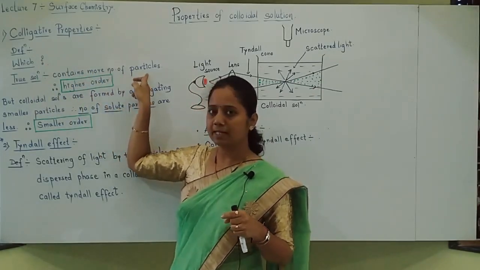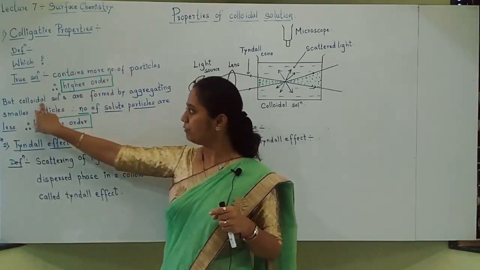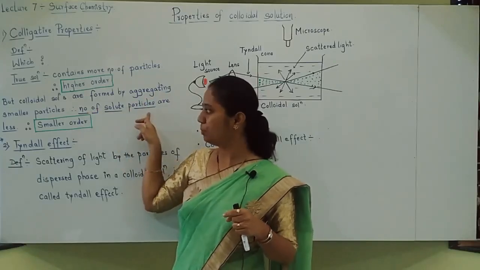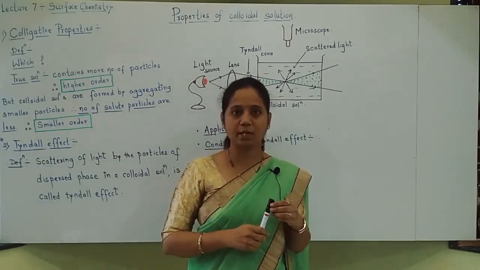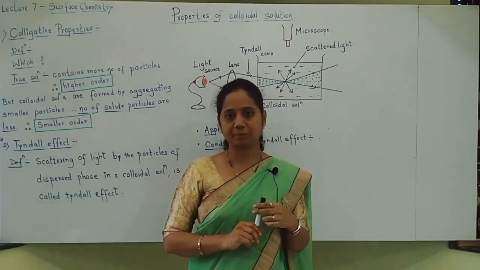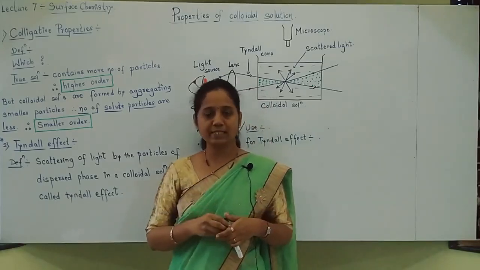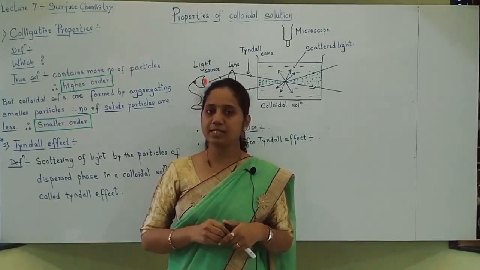It contains more number of particles, so colligative properties are of higher order. But for colloidal solution, aggregates will form, so the number of solute particles will be less, and that's why colligative properties are of smaller order.